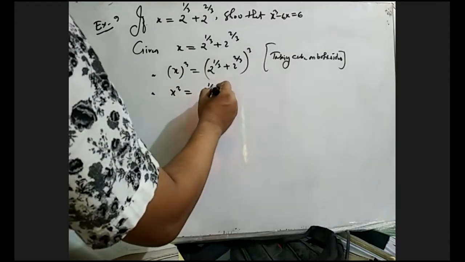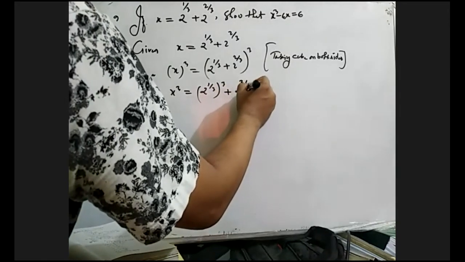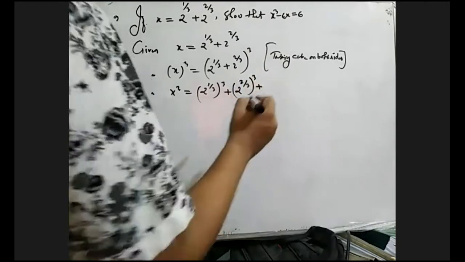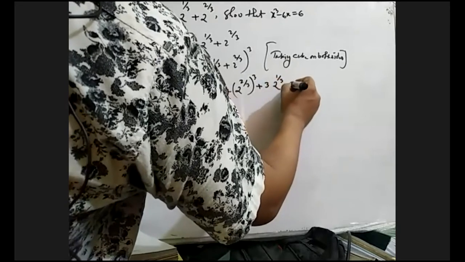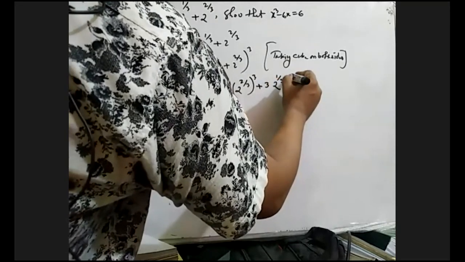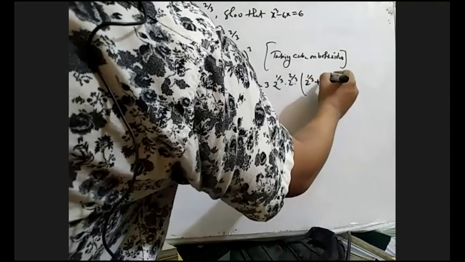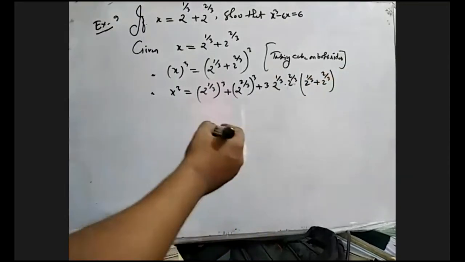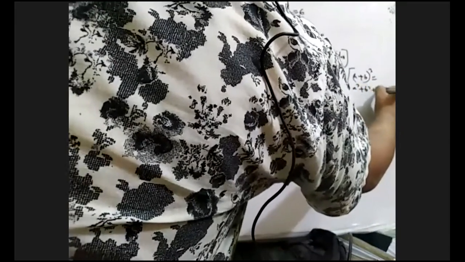A cube plus b cube plus thrice AB into A plus B. What was the formula? A plus B whole cube equals A cube plus B cube plus thrice AB into A plus B.